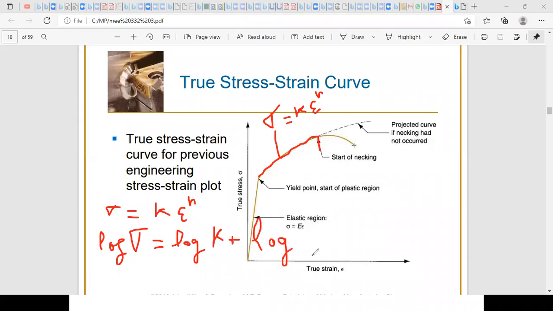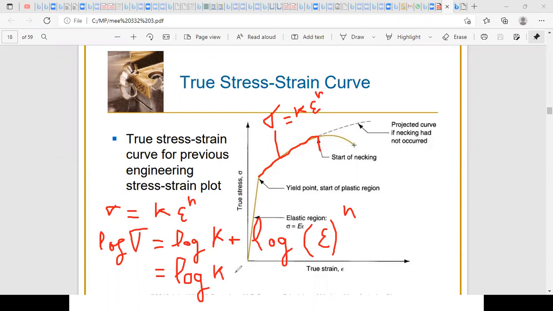And you know that log epsilon to the power n can be written as n log epsilon. So we obtain then, on a logarithmic scale, a linear graph. And from this linear graph, we can determine the values of k and n.